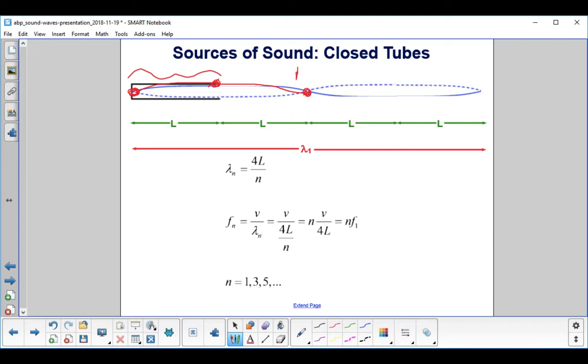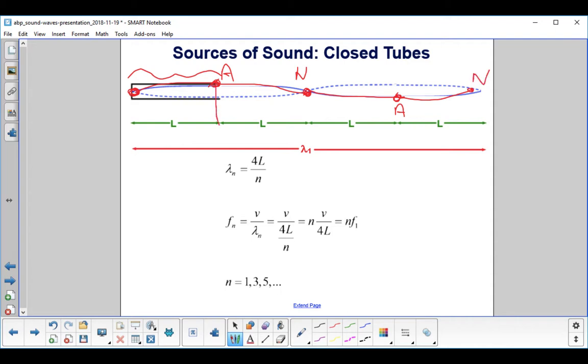We find another node. We don't have a full wave yet. We now have to go below that, and we come over here. We have another antinode. And then we come back up here to our node. We now have a complete wave.